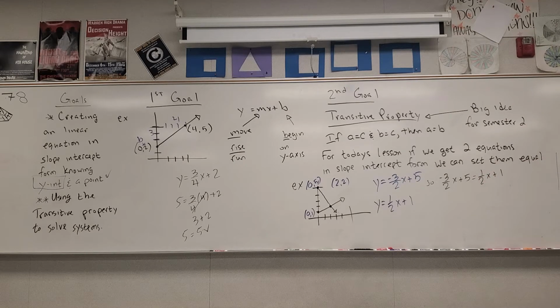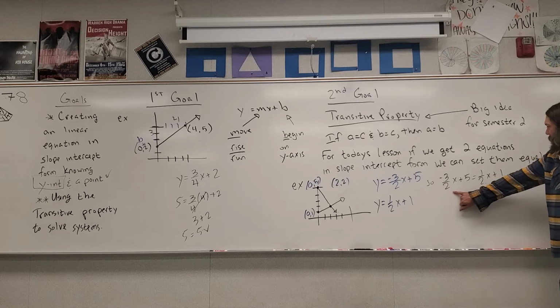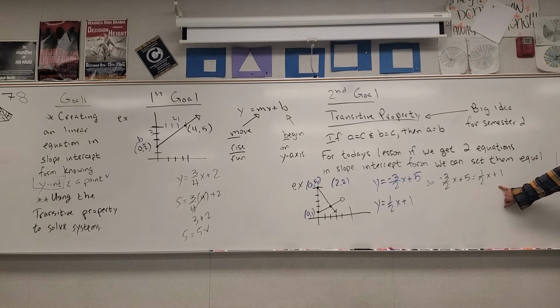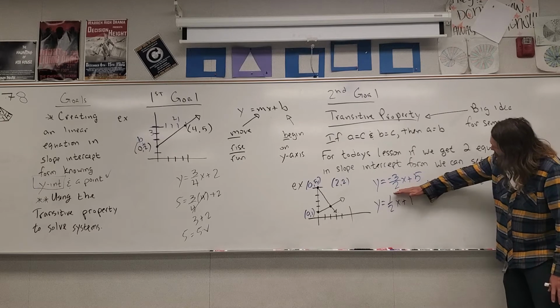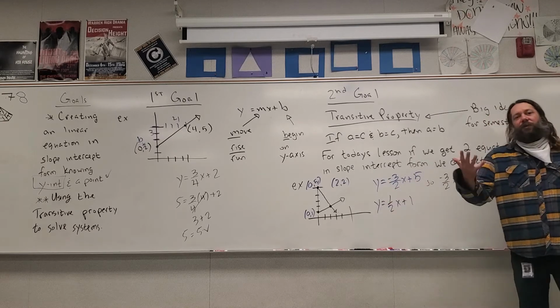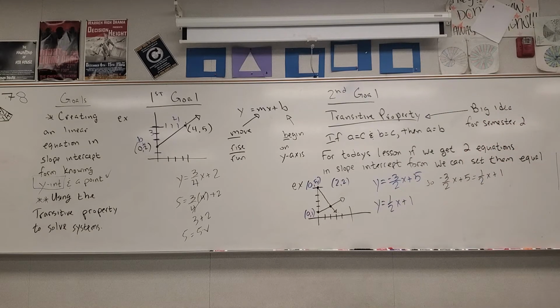Now, this is how we're going to solve this system. What's nice is we've eliminated the y because both right sides of these equations were equal to y, so we can set them equal to each other. Now we can solve for x.